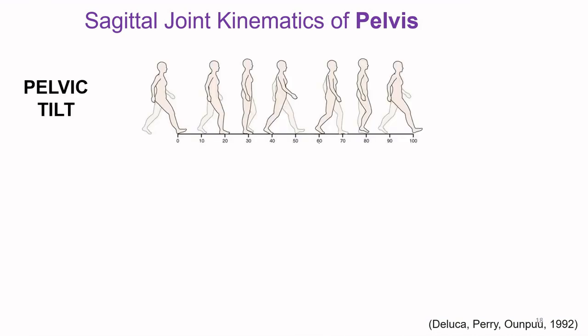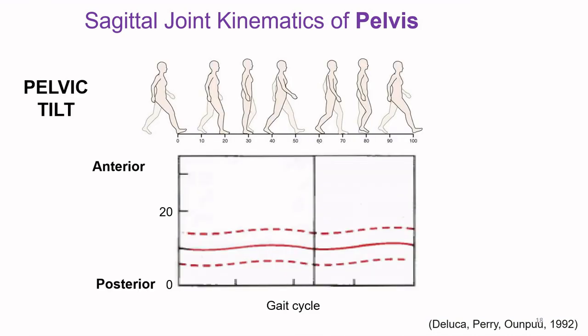Over the next 10 to 15 slides, we're going to review normal joint kinematics for walking. The kinematic patterns we will review are the average patterns of motion recorded in studies of the walking patterns of young, healthy adults. On each slide, I will show you graphs like the one shown here. This one's for pelvic tilt.